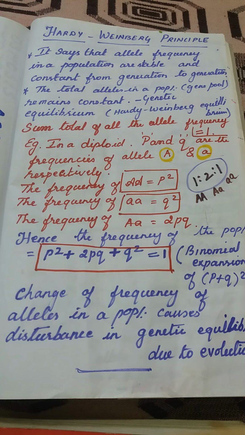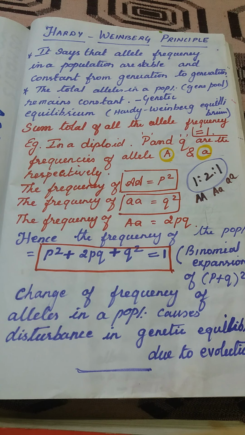The frequency of capital A is equal to P squared, because the probability of the allele capital A with frequency P is the product of the probabilities, that is P squared.